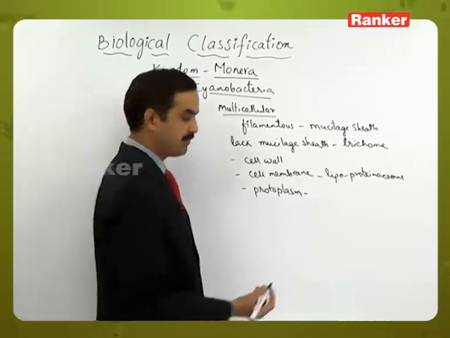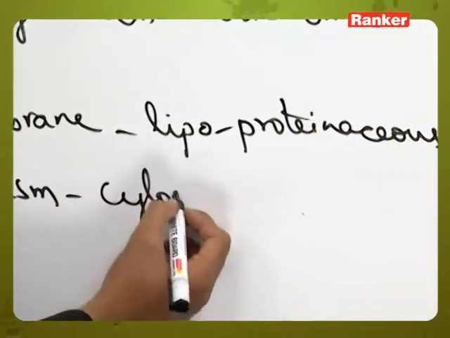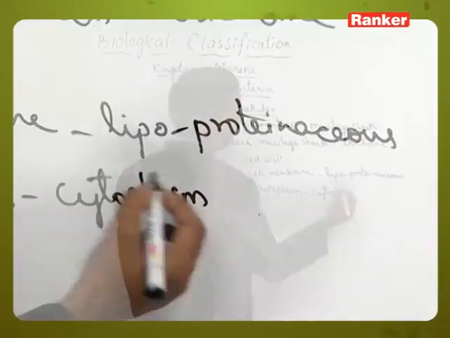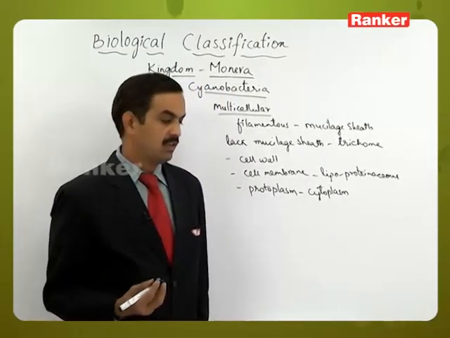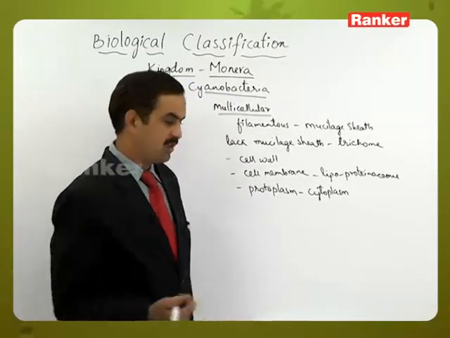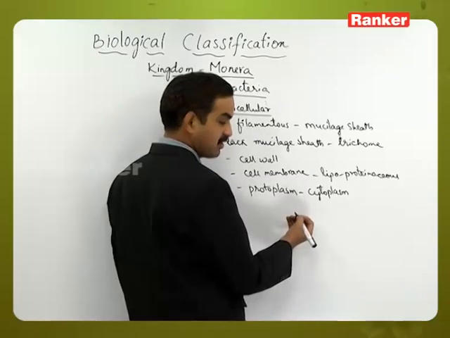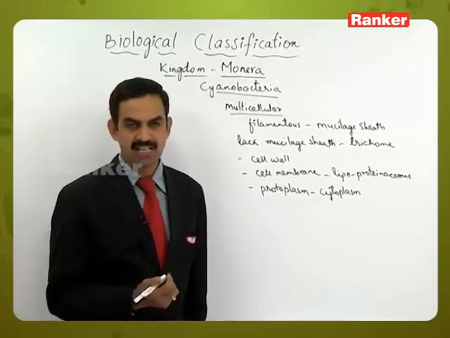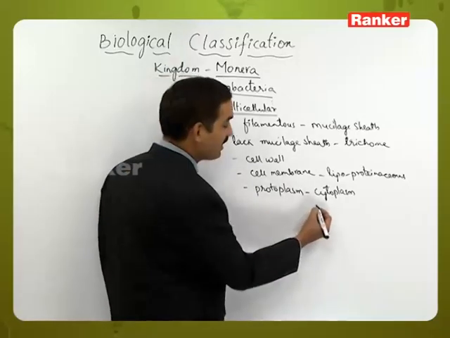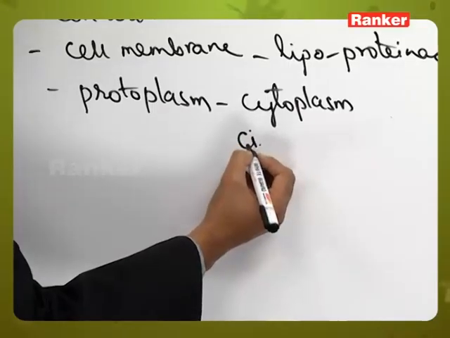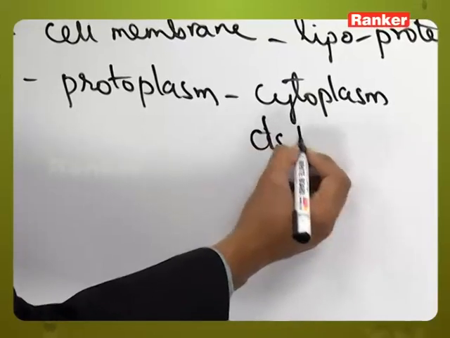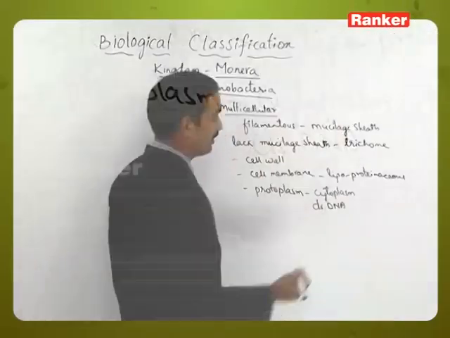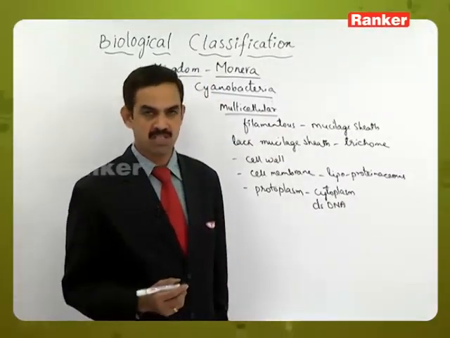The protoplasm has the cytoplasm along with the nuclear structure. The nuclear structure is not surrounded by a nuclear membrane, so we consider it as prokaryotic in its nature. It has a circular, naked, double-stranded DNA structure, which acts as the genetic material.